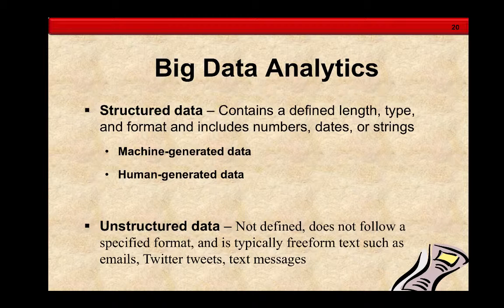It doesn't include things like JPEGs or PDFs or MP3s or any other type of video, picture, or digital format that's not easily plugged into a database. Unstructured is everything else that's not considered structured. So you have your videos, you have your tweets, you have your text messages, you have all these things that are considered more disruptive to the industry.